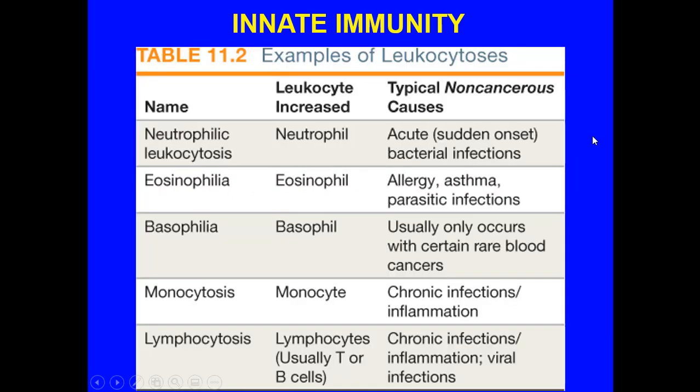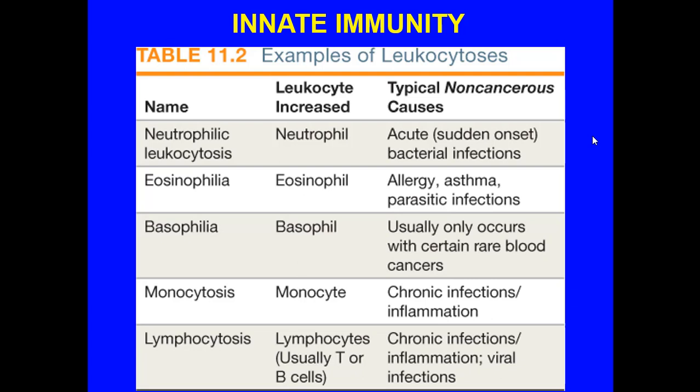And here you see examples of the leukocytes and some of their responses. If you have leukocytosis of various types, you can see what happens. If you have huge amounts of monocytes, that may be indicating chronic infections or inflammation. Large numbers of basophils usually only occur with certain rare blood cancers.